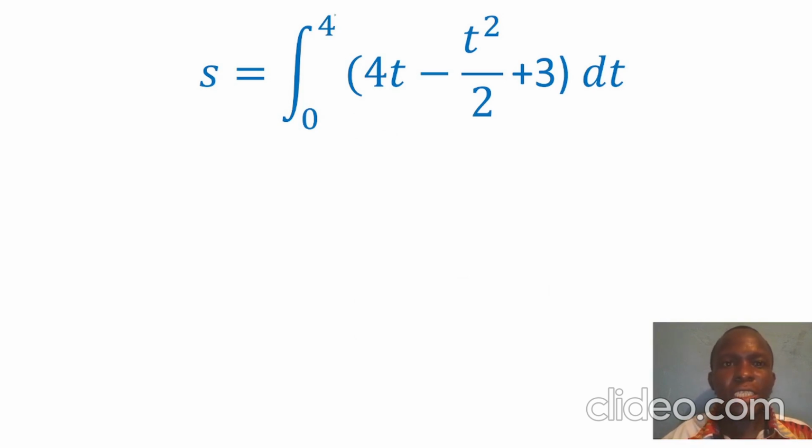Just note that the time to attain maximum velocity is 4 seconds, and the initial time is 0 seconds. So the integration is going to be between 0 and 4.